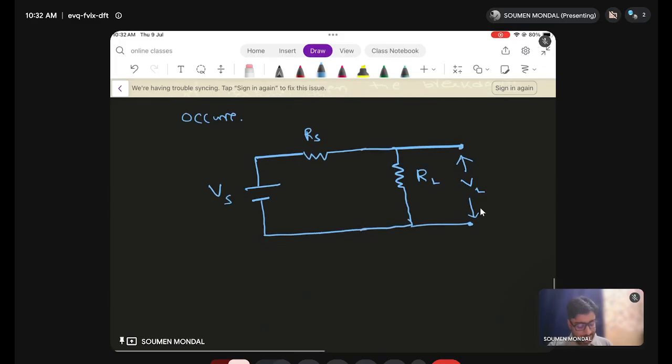So let me check. Let me write down first the current passing through the circuit, which we already saw in the previous case when there is no Zener diode or no breakdown occurring. So the current through the circuit, let me call it Is, is obviously Vs by RL plus Rs. I am applying Ohm's law, which is Vs equals IR.